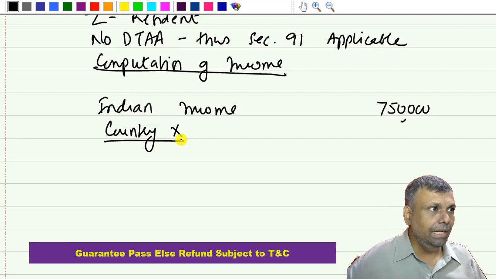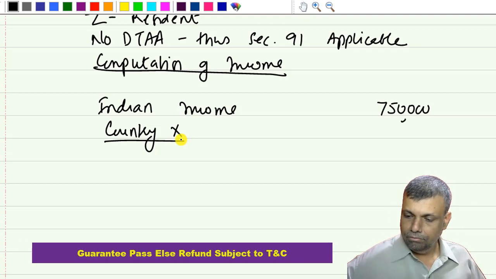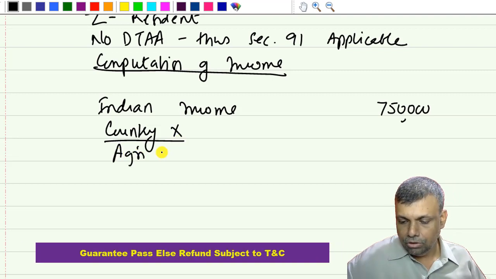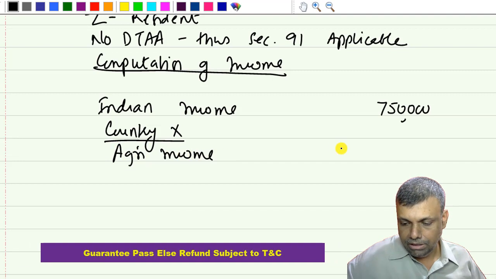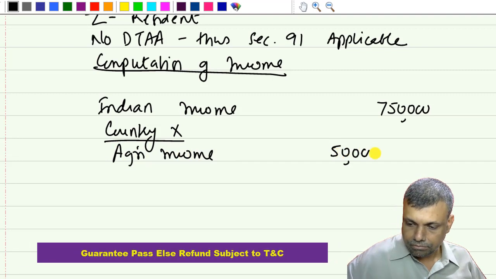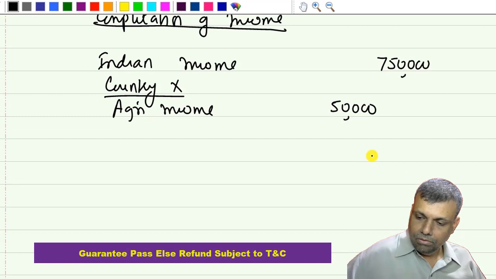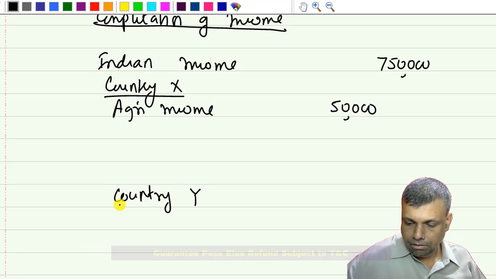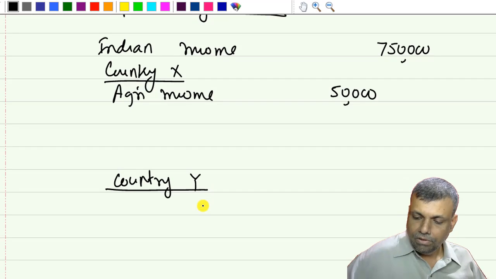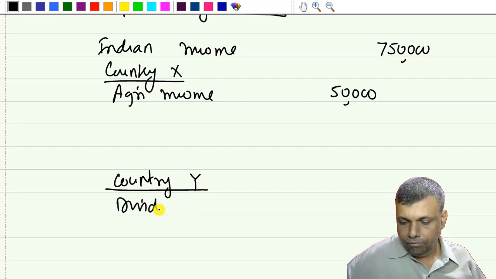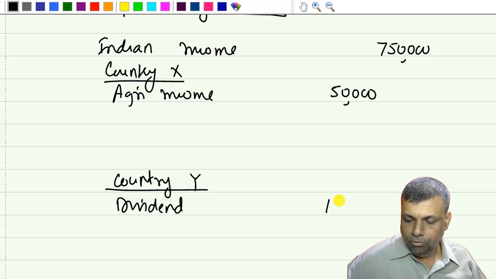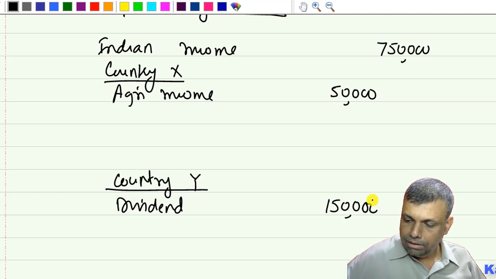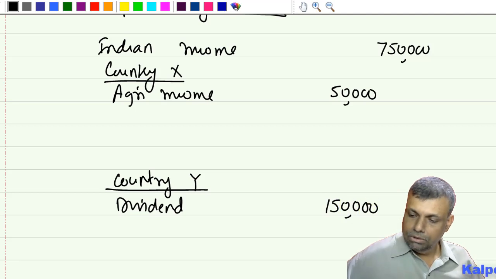Okay, so from country X I've got agricultural income which will be taxable in India. Okay, country Y, I got a dividend from a foreign company. Basically, I will just write dividend, that is 1,50,000.